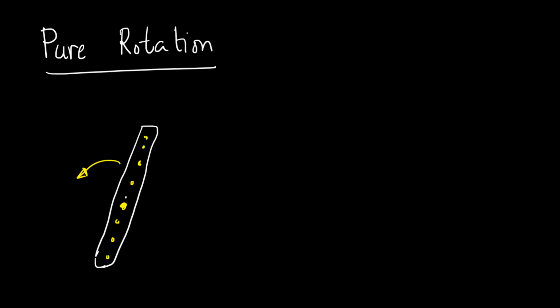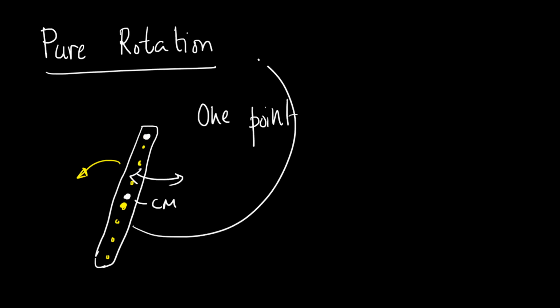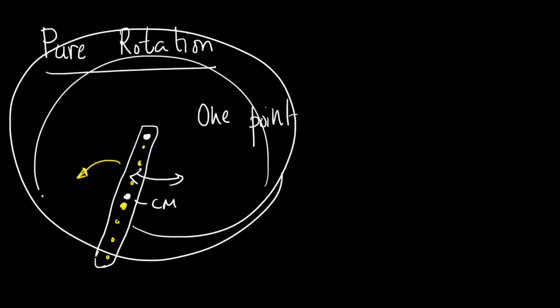Nobody is stopping you from choosing the center of mass to crucify, but you could do it anywhere. By the way, only one point. Once you fix that one point, it can rotate about that point, and it can go all the way round and round. So this motion is pure rotation.